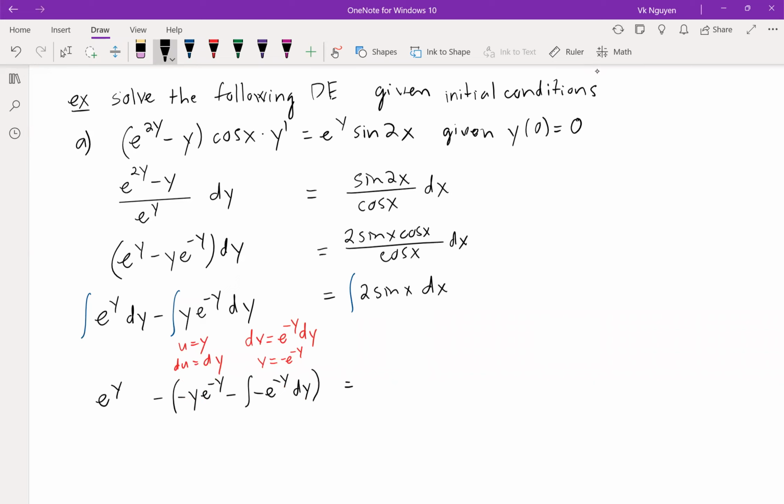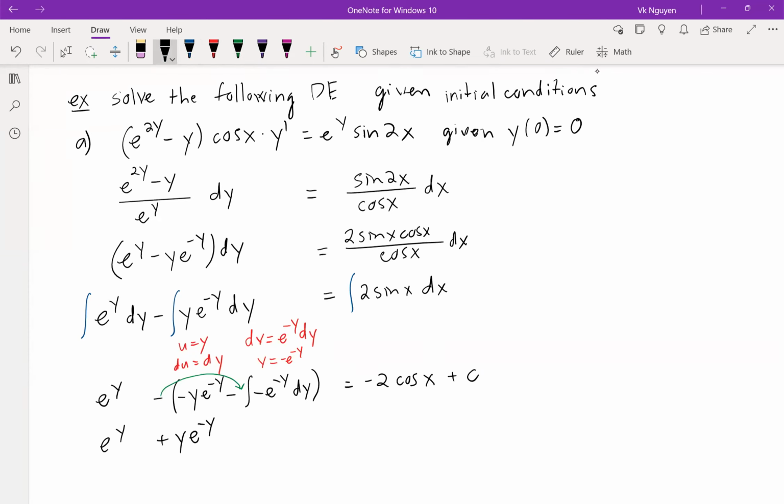Well, the integral of sine is negative cosine, so negative 2 cosine x, and then plus only one c here. So e^y, minus minus is plus y e^(negative y), and then minus minus is plus. You've got to be careful which minus is which. When you distribute this in, you get a plus there, and the minus of the minus is going to turn into a positive.